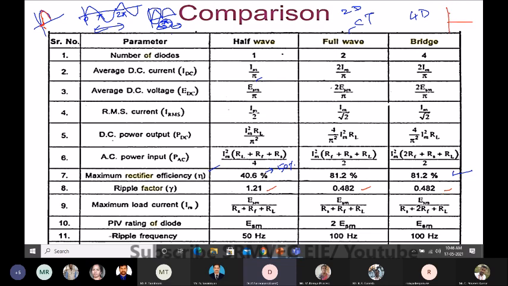When the waveform is like this, this is what we call ripples. So small ups and downs are called ripple. So in the DC output, how much is this ripple? That is 1.21 times in half wave, whereas in full wave it is 0.4 times, only a lower part. Okay.